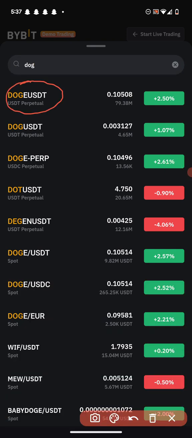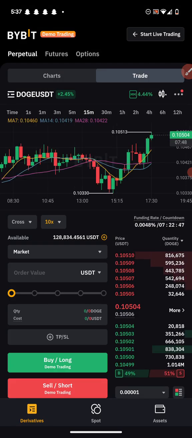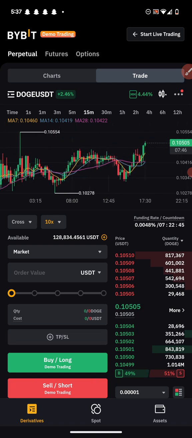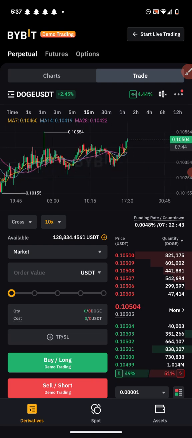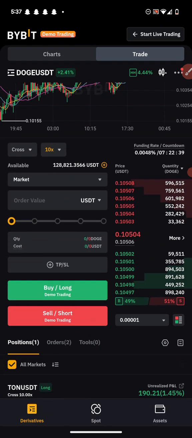This is it. So I'll click on Doge USDT and you can see it here. Then you start setting your parameters, if it is cross you want to use, if it is 20x, and so on.